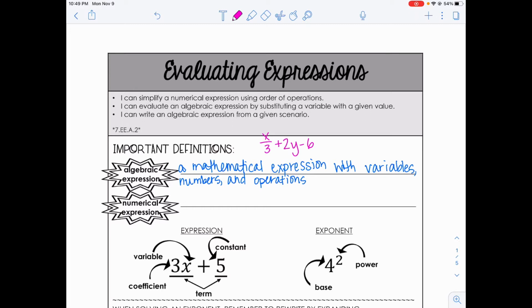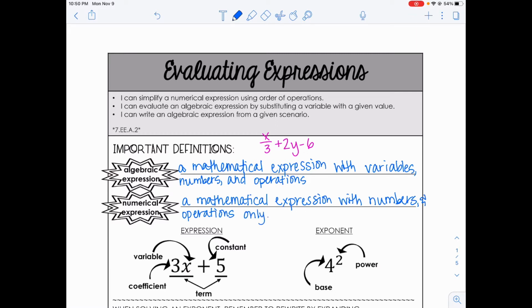A numerical expression. We have been working with these since the beginning of the year, and you've seen these since you were young. A numerical expression is a mathematical expression with numbers and operations only.